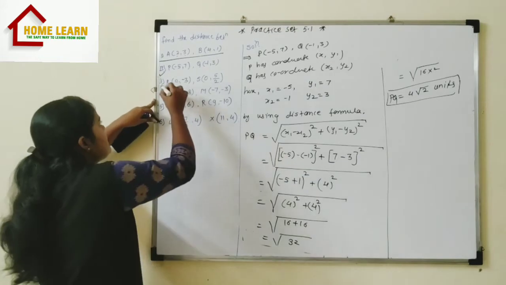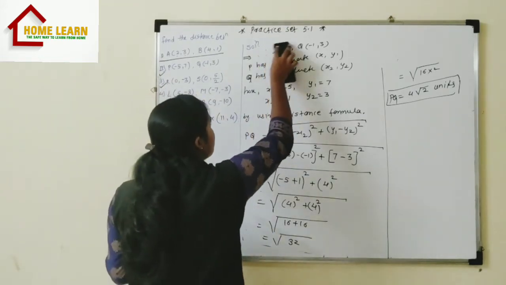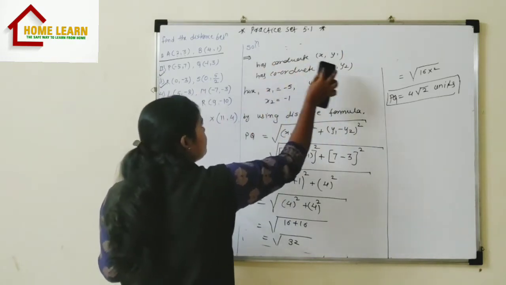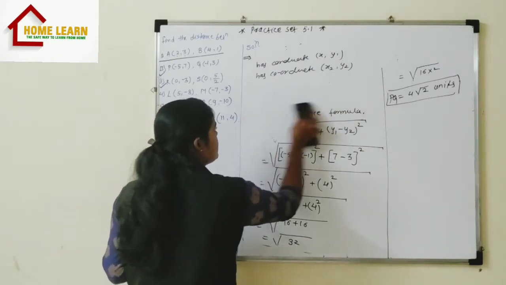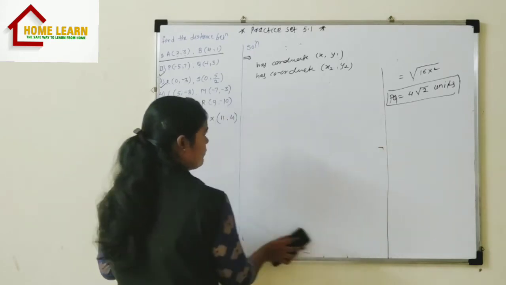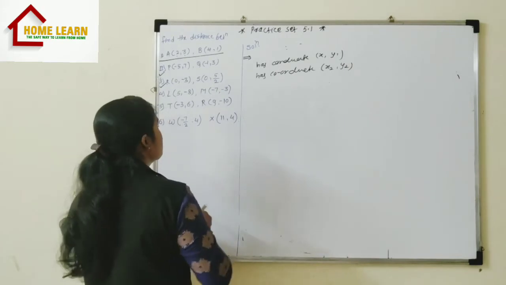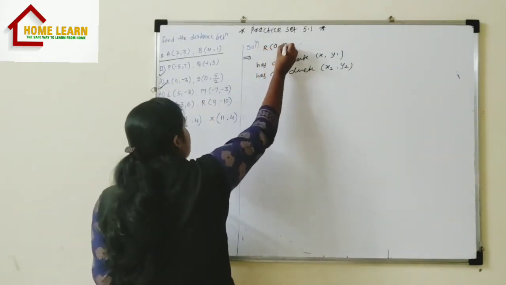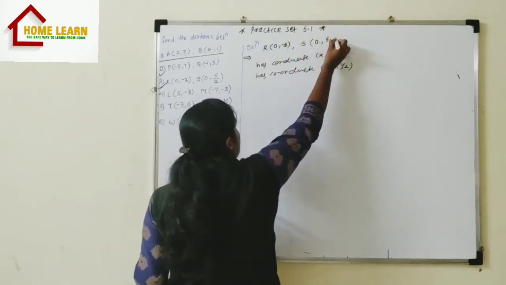Now let's see the third solution. For this you only have to change the names. The third one: R has coordinates (0, -3) and S has coordinates (0, 5/2).